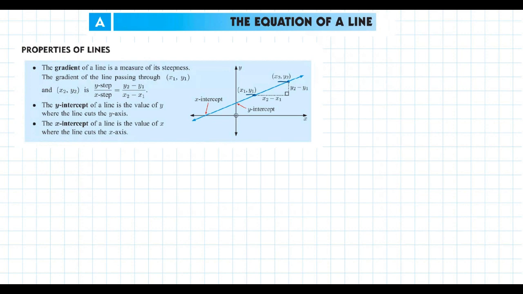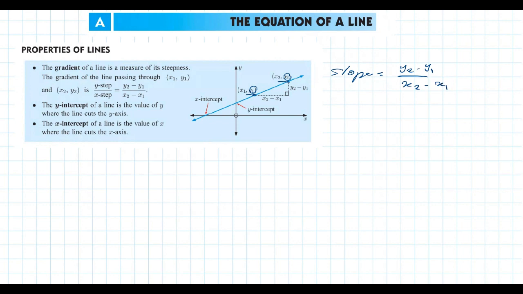After that, we have the rule of gradient, and we can call it slope, by the way. Both are similar. The slope equals the difference in y over the difference in x, and the relation will be division. Then y2 minus y1, which is y2 at this point minus y1 here, and then x2 minus x1.